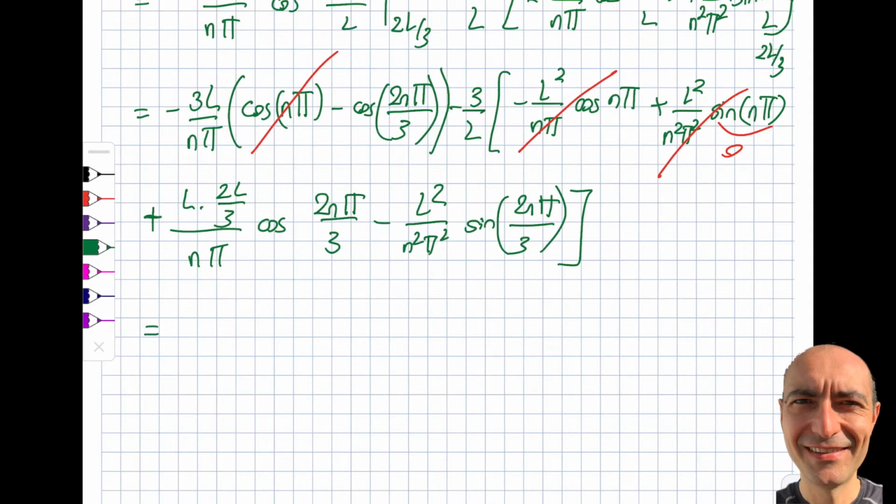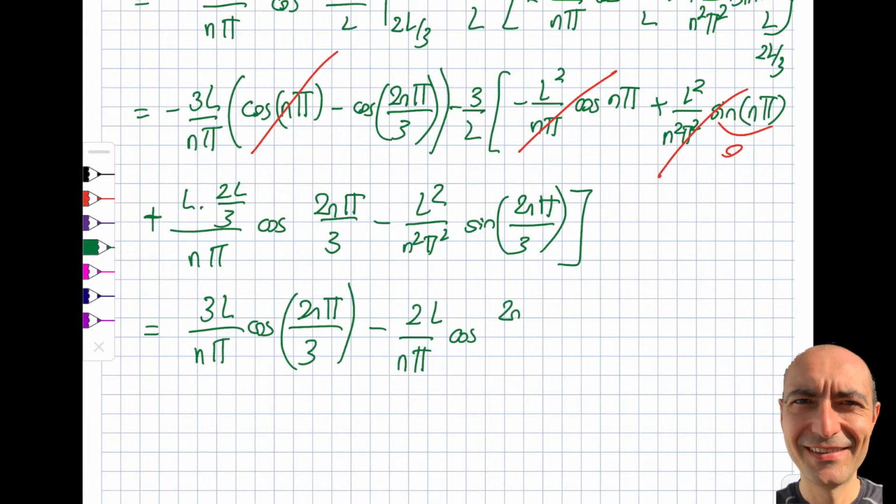This is going to be 3L, now positive, by n pi cosine of 2n pi by 3. That is given. The first term dropped out. That term dropped out. So I have two more terms. Minus, the L's will cancel there, so I'll get 2L, 3 cancels 2, by n pi cosine of 2n pi by 3, plus, let's look at the last term, that will be L squared.